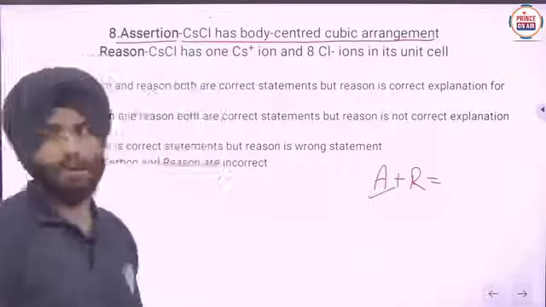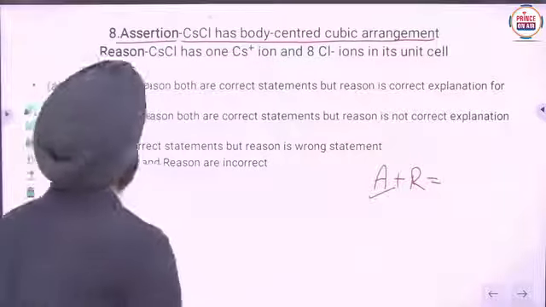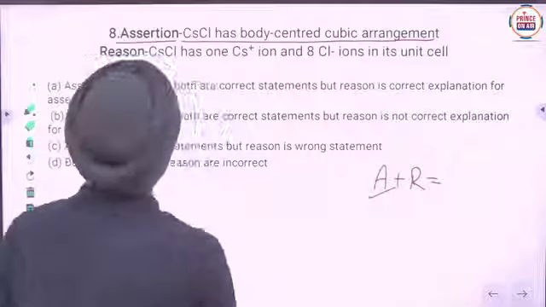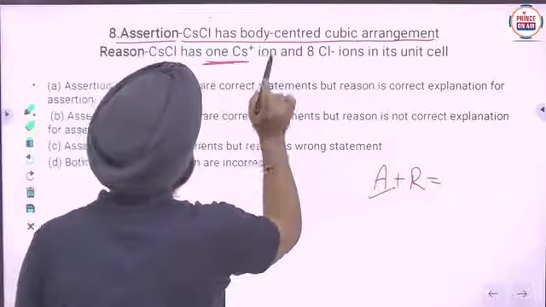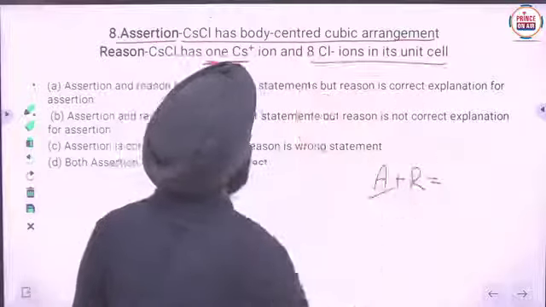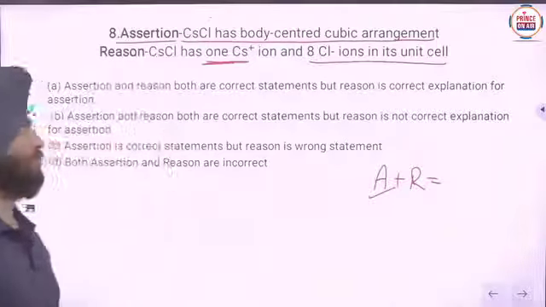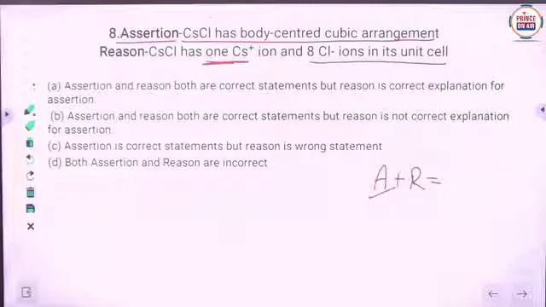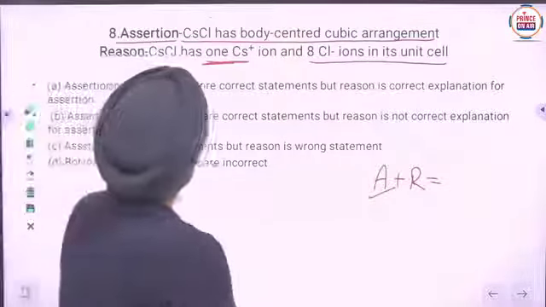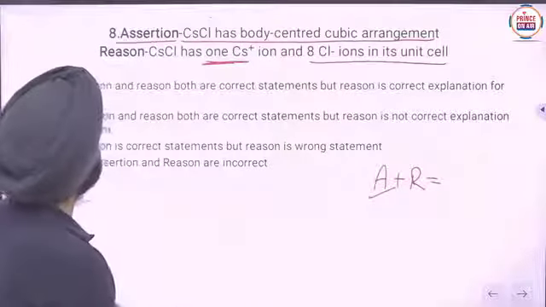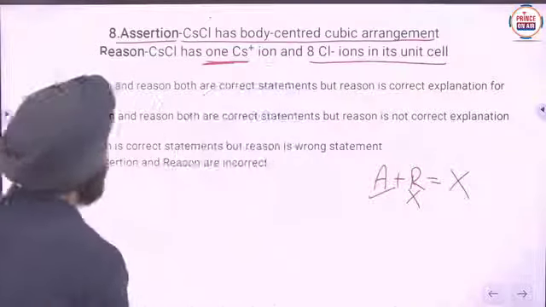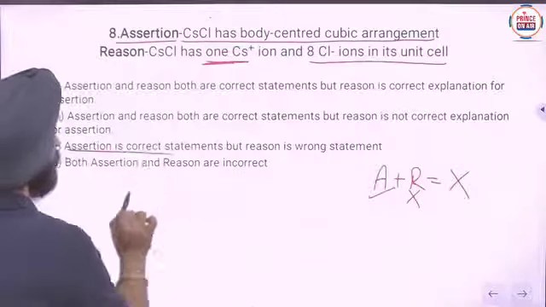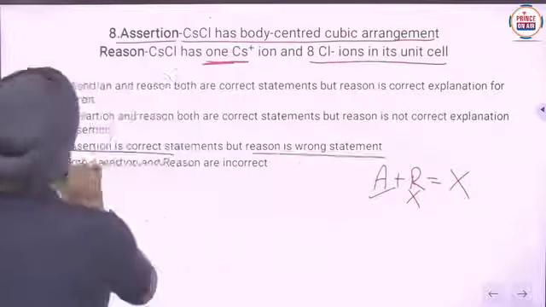Reason: 1 cesium ion and 8 chloride ions in its unit cell. You can see it is wrong here. So the reason is incorrect. So the option in which the assertion is a correct statement but the reason is not correct is right.